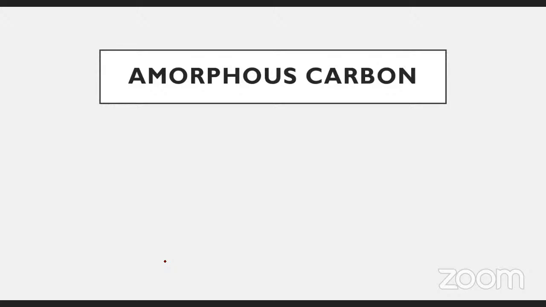So let's look at the last allotrope of carbon. Remember the other ones we said they are crystalline, and this one we said. But still remember, what's the nature of amorphous carbon? Is it crystalline or non-crystalline? Who can remind us?